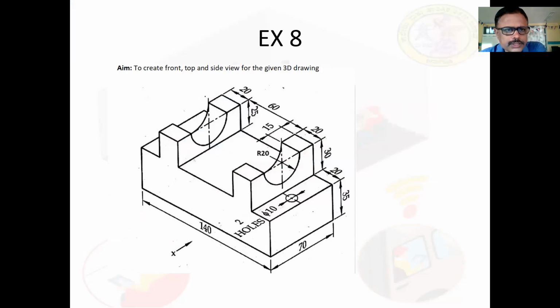The question for you is create the front, top and side view for the given 3D drawing. So this is the model. We will first discuss what are the steps to be done.